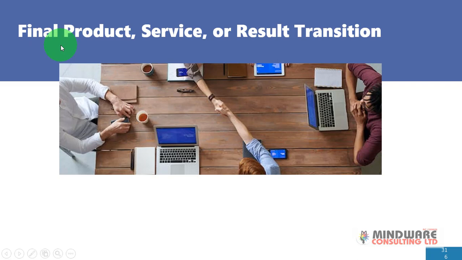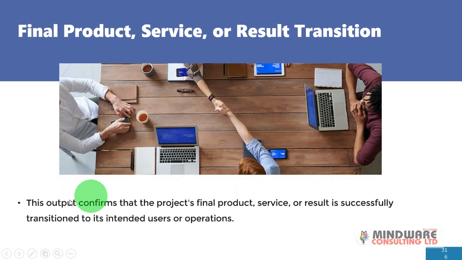So the first, of course, is the final product, the service or result transition. And this output confirms that the project's final product, service or result is successfully transitioned to its intended user or operation.